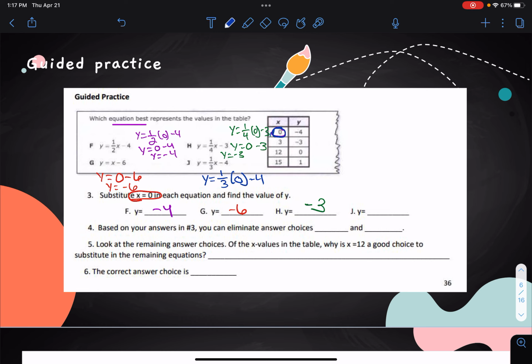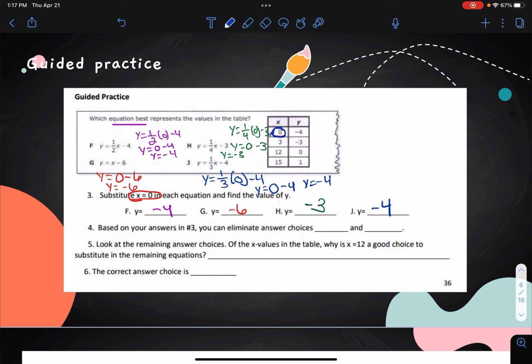It's the first x value we have in our table. So 1/3 times 0 is 0, because remember, anything times 0 is always 0. And then you have minus 4. So what's 0 minus 4? -4. So next to your y, you have -4.